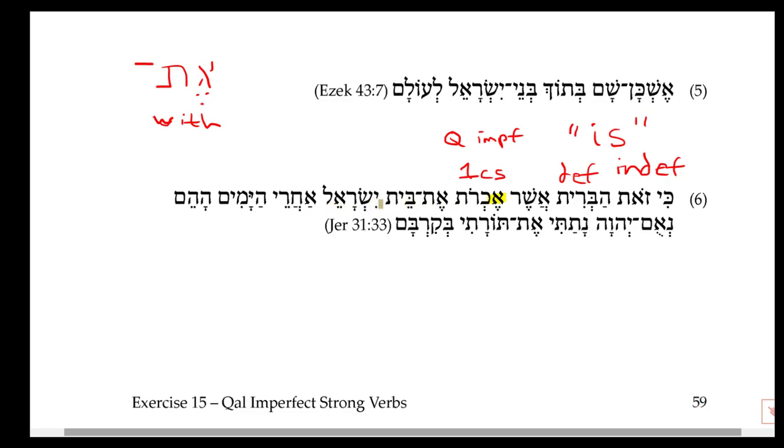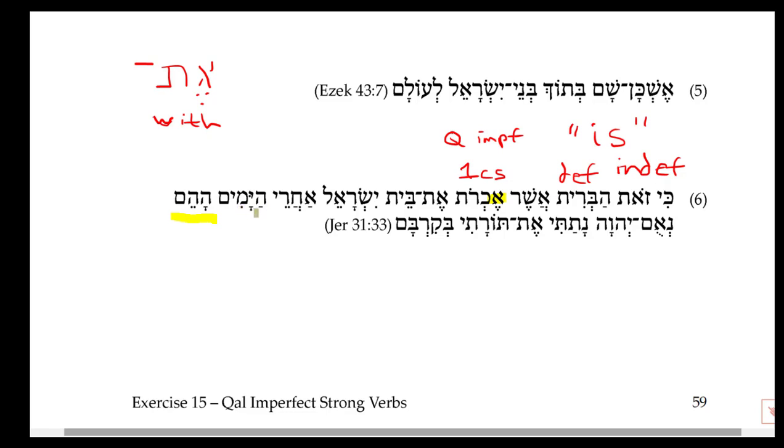Israel is a proper name, it's definite, so it becomes the house of Israel. And then acharei is after. And now we have hayamim, the days, hahem. So here we have a demonstrative adjective. Notice they both have definite articles, they match, and hahem is coming afterwards.